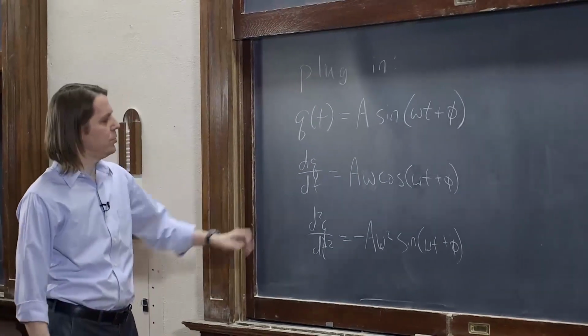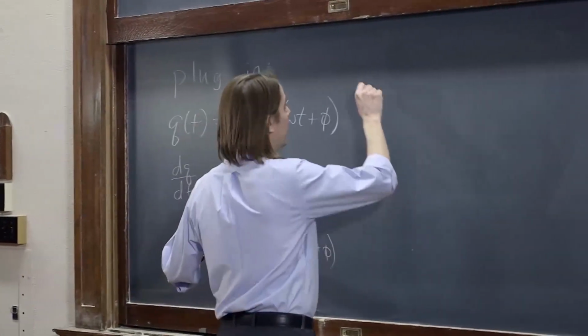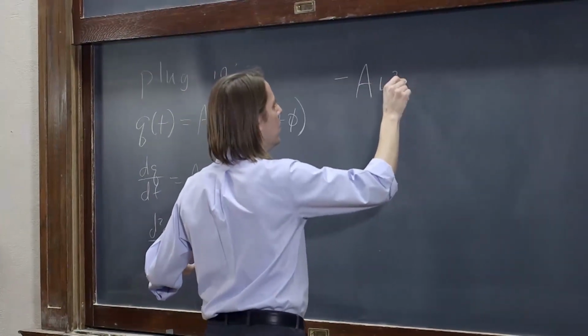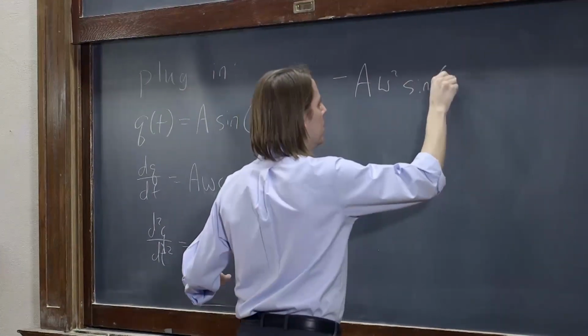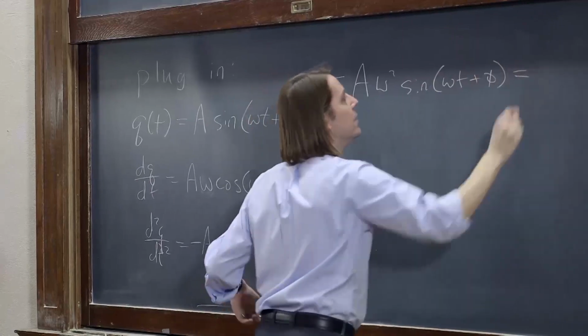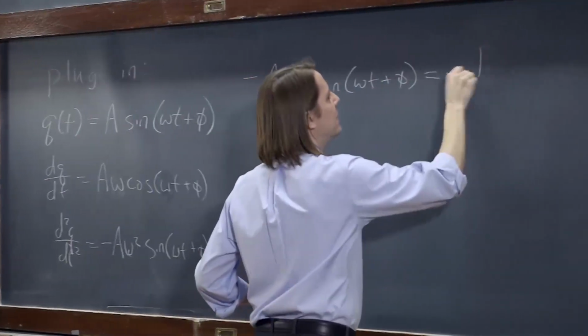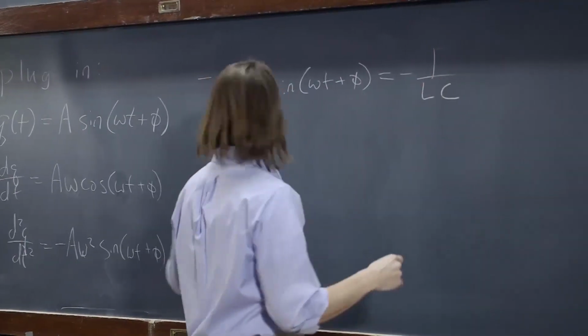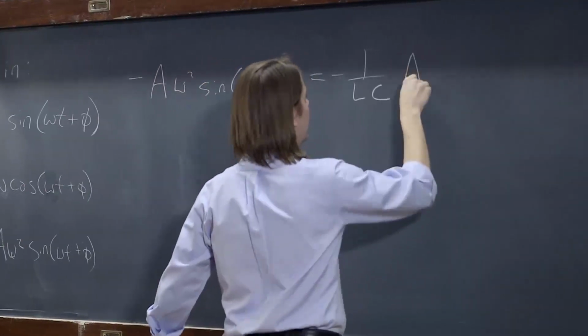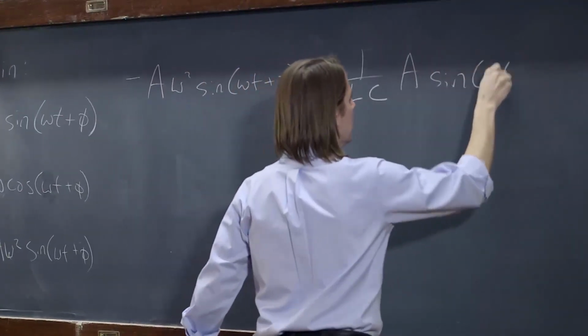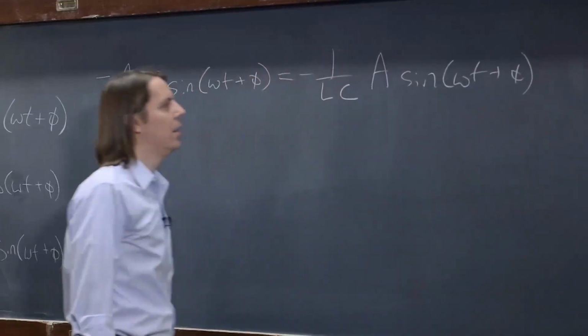d2q/dt2 was one of our equations, so that's minus A omega squared sine(omega t plus phi) equals minus 1 over LC times q, which is just A sine(omega t plus phi).